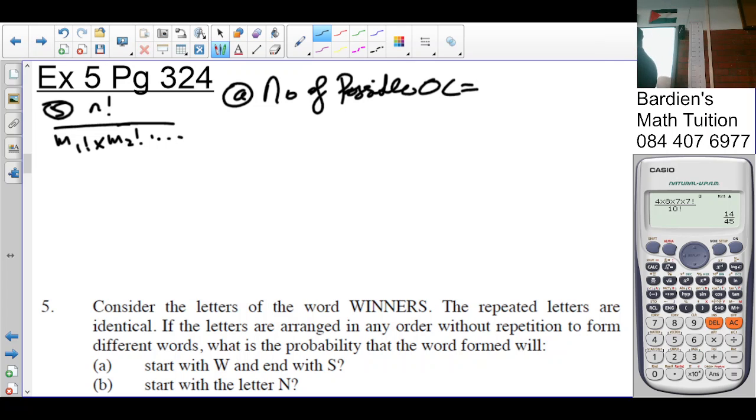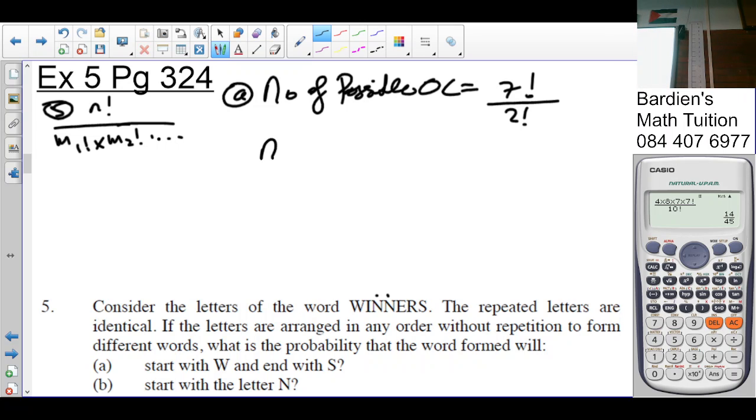So yeah, the formula. It's going to be n factorial, so it's 7 factorial over, how many repeated letters are there? 2. The double n is repeated, not so? So it's 2 factorial. That's the number of possible outcomes.